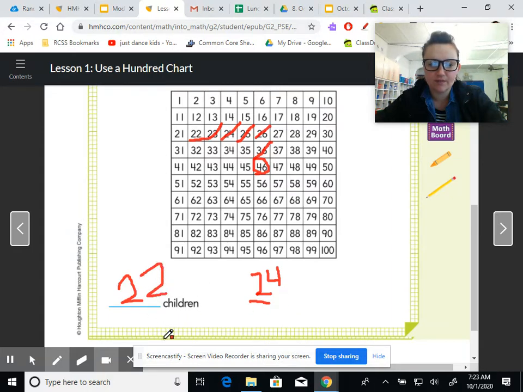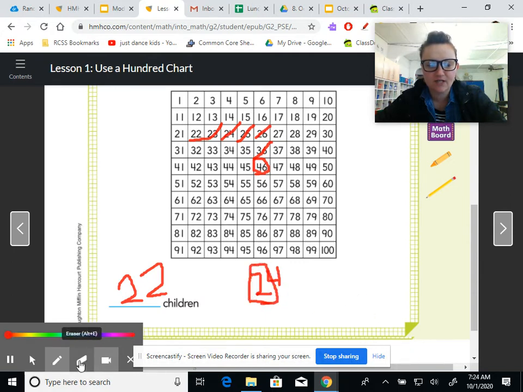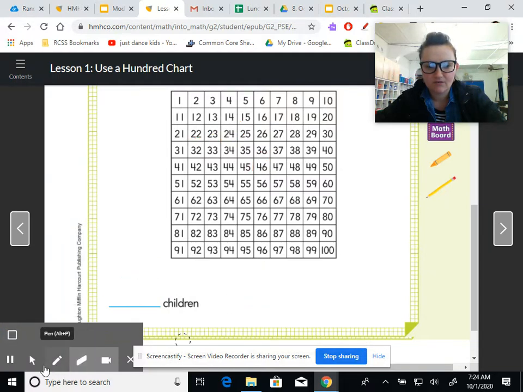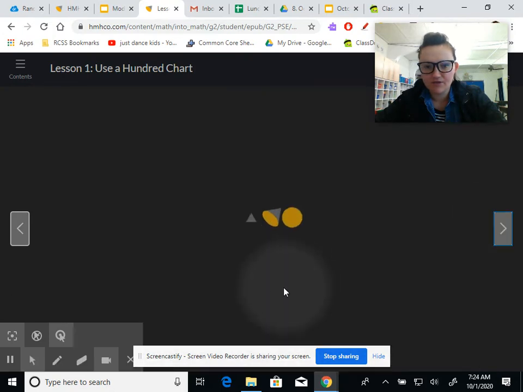Wow, that's really wonky, but that's okay. So 22 children. Okay, did you see how I did that? Instead of going one by one, I counted by tens because I knew that 24 had 2 tens in it. That's okay. If you didn't get it this first time, we're going to practice a lot more. Okay, so go ahead and write this answer down. And erase for me. All right, let's move on.